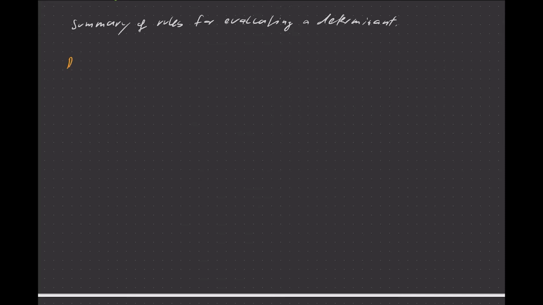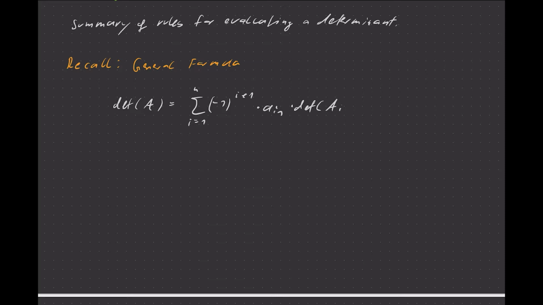So let's first recall the general formula. Of course, that can also be used as a means of computing a determinant. The general formula was: the determinant of a matrix A is given by the sum over the i's, minus 1 to the power of i plus 1, times A_i1, so the entry in row i, column 1, times the determinant of the i1 cofactor.